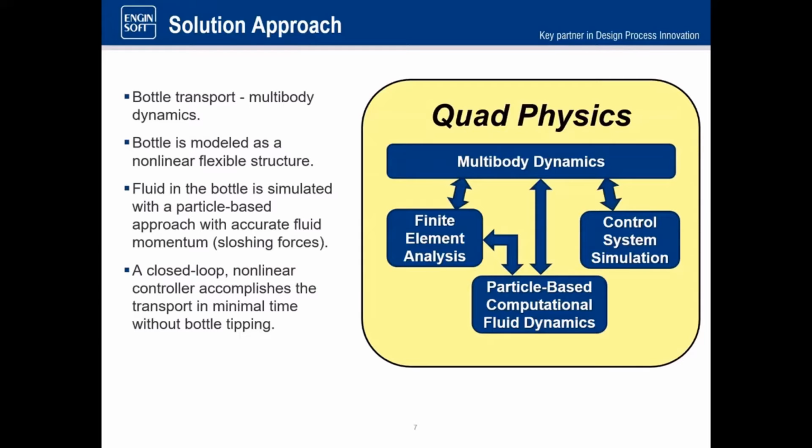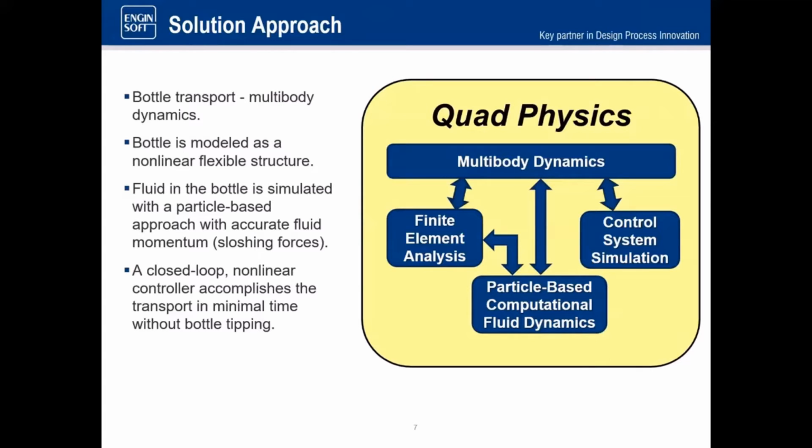So even in this case, when the bottle itself is flexing, that is still interacting with the particles, and all that's taken into account, all the changes to the surface geometry. Basically, the element faces of the Full Flex body are used to provide the contact surfaces that the particles interact with. And then a controller, closed loop.